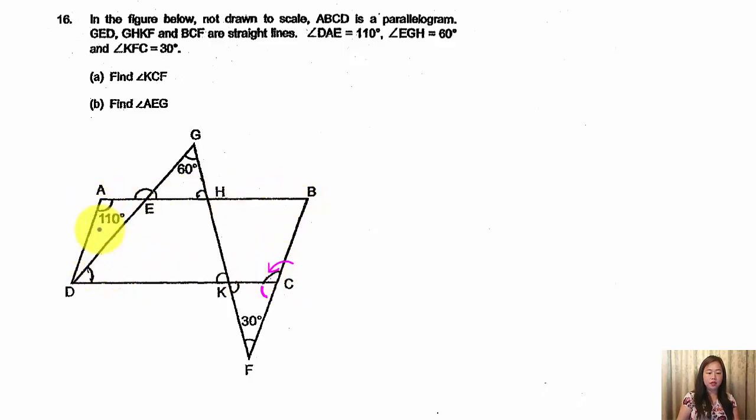So if this is 110 degree, this will also be 110 degree. So since this is 110 degree, if we use the property of angle on a straight line, angle KCF will be equal to 180 degree minus 110 degree, which is equals to 70 degree.